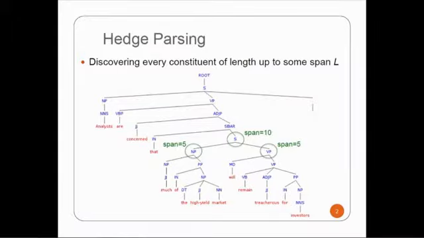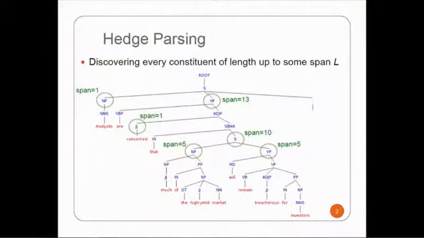Every constituent in this parse tree has a span, which is the number of words it covers. For example, this is 5 for NP and VP constituents, and it is 10 for S constituents, showing that it covers 10 words. It's 13 for this VP constituent here, and for the part of speech tags, the span is just 1, which means that they cover just 1 word.